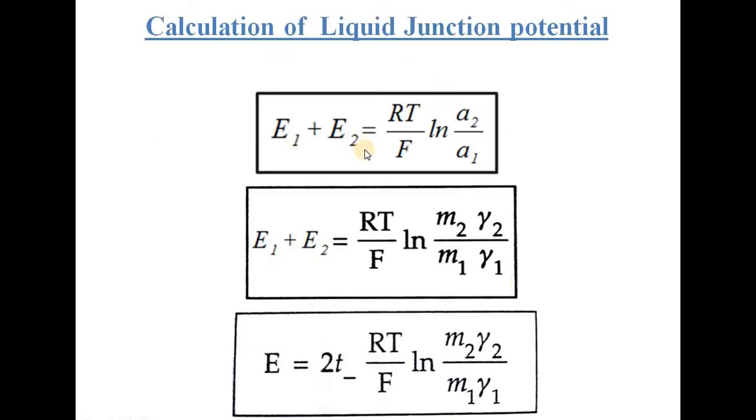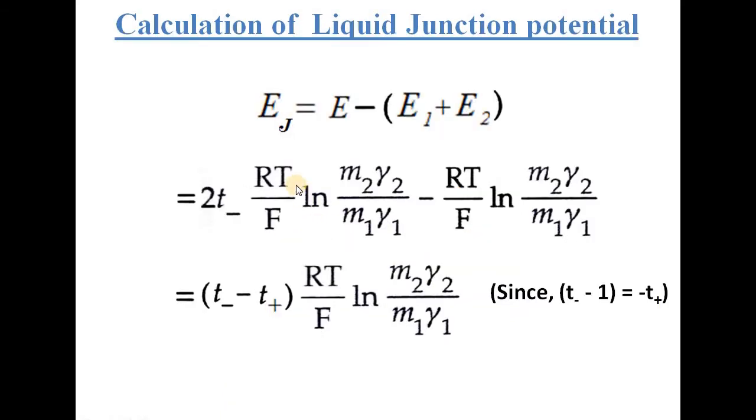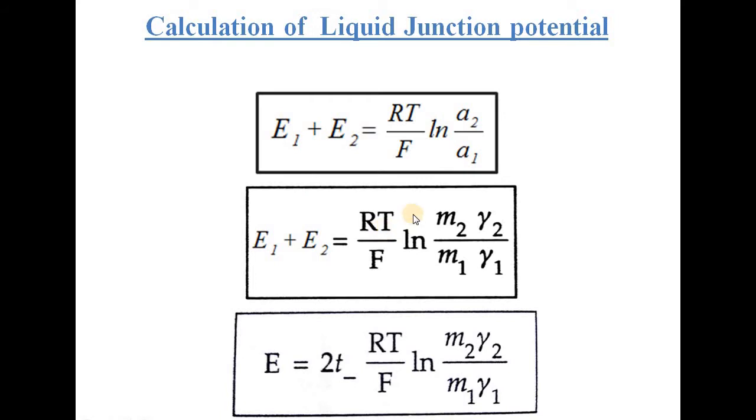The sum of the electrode potentials for this concentration cell was found to be RT/F ln(A2/A1). Presenting these activities in terms of molality and activity coefficient, we can write E1 + E2 = RT/F ln(M2 γ2 / M1 γ1).